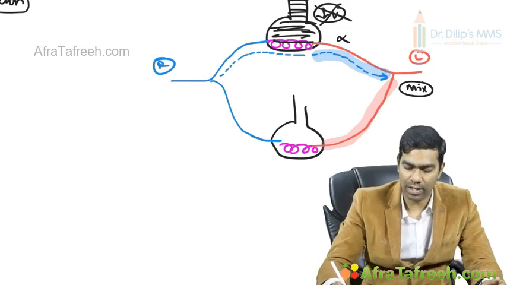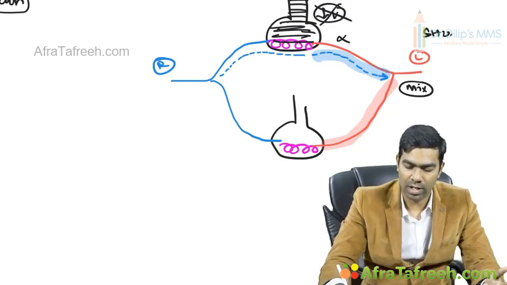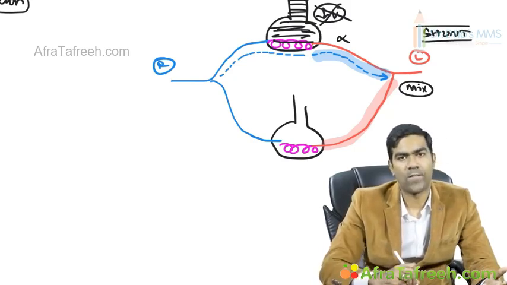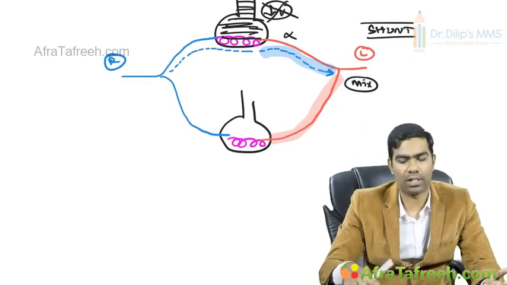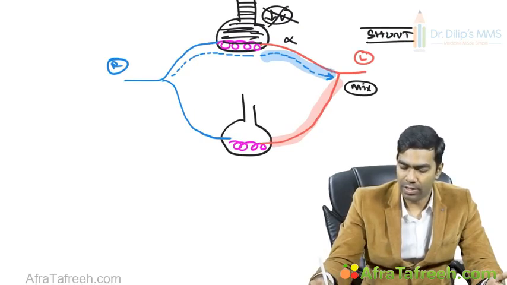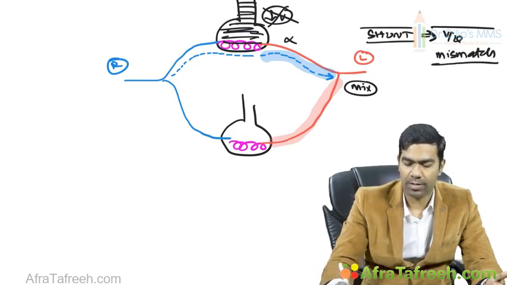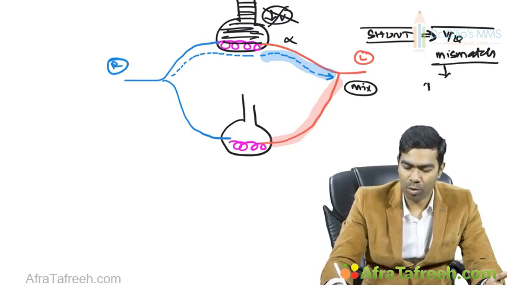So this principle of mixing the oxygenated blood with the deoxygenated blood is what we call shunt formation. Clear? The moment you start forming shunts, you are going to result in VQ mismatch. So typically, you are going to result in severe VQ mismatch, and more and more hypoxemia.